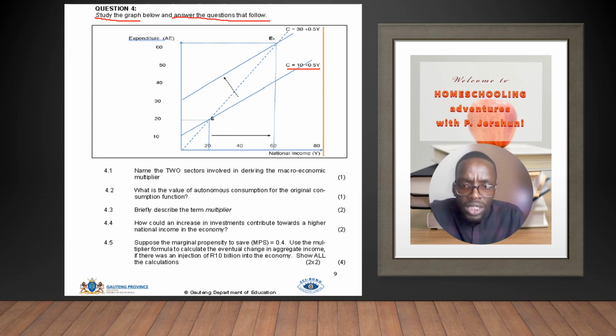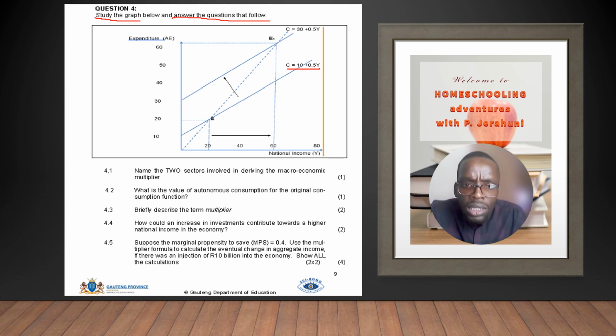Remember, just a few slides back, we looked at the two things that make up consumption: autonomous consumption and induced consumption. Autonomous consumption is consumption that is not influenced by the income level, in other words, consumption when income is 0.